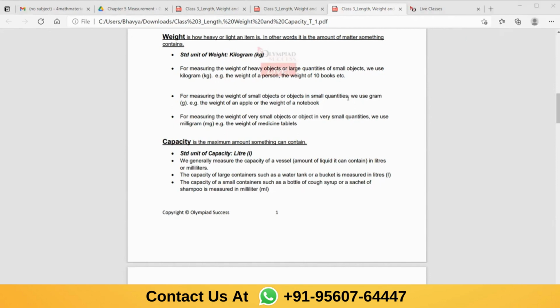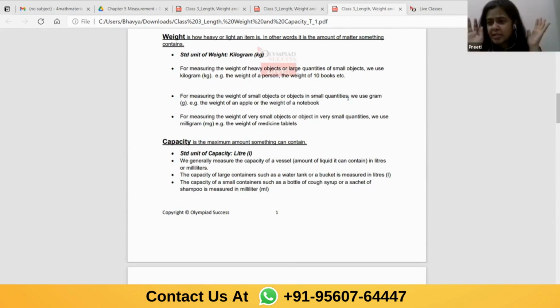Yes, ma'am. But weight is something, Rebanta, that we use to check whether the object is very heavy or very light. Suppose I talk about a briefcase which is full of so many things. Will it be heavy or light? Heavy. Okay. If I say go and fetch 1 kg of potatoes, will it be light or heavy? 1 kg is heavy.